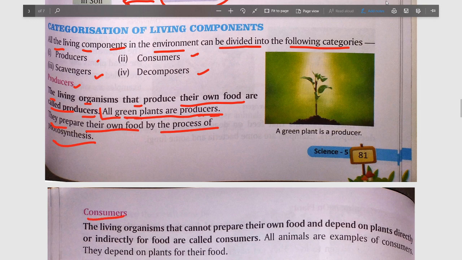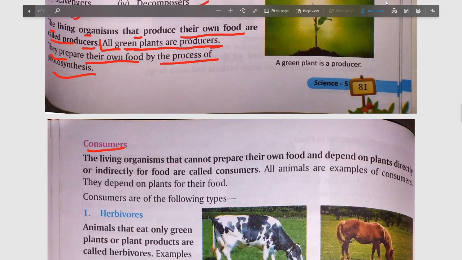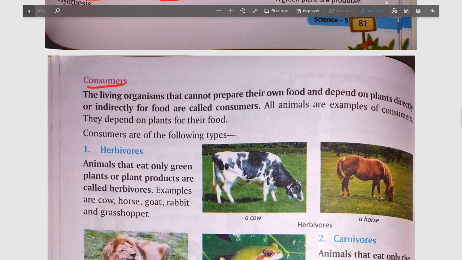Now if we talk about consumers, the second category, consumers are the organisms which consume the food prepared by the producer. It means the producer produces the food, and this food is consumed by the consumers.